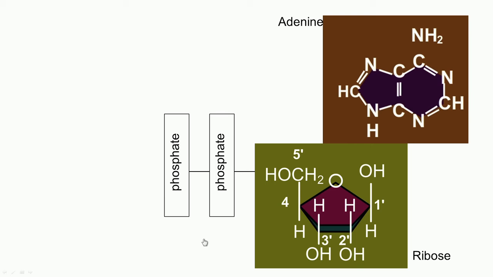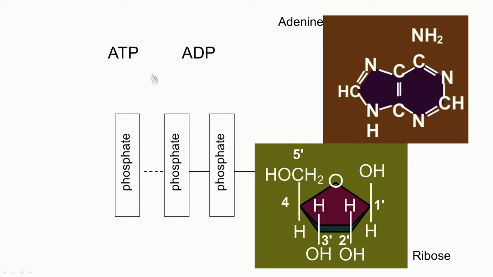If you have 2 phosphate groups, then this is called adenosine diphosphate, ADP, and if you have 3 phosphate groups attached, you have adenosine triphosphate. So, ATP and ADP, the energetically important molecules in the cell, are also nucleotides.